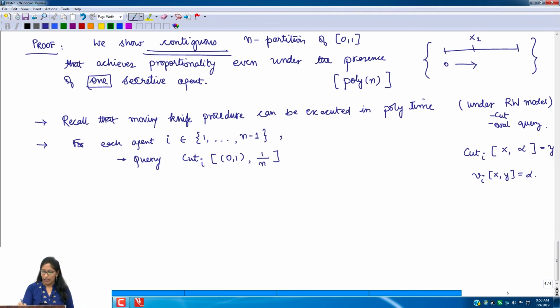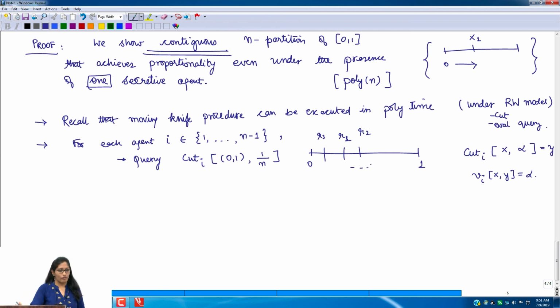So let's say these are R1, R2, R3 and so on. These are the cuts made by the first n minus 1 agents, so for this particular segment, V3 of 0 R3 is equal to 1 by n, right?